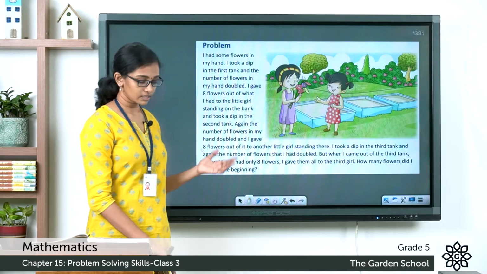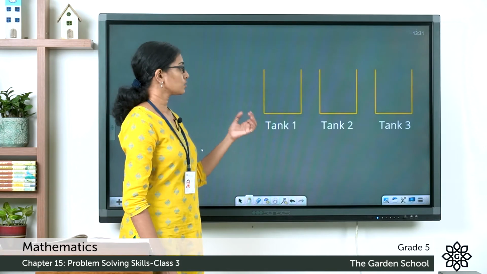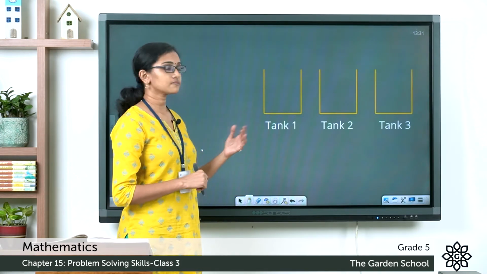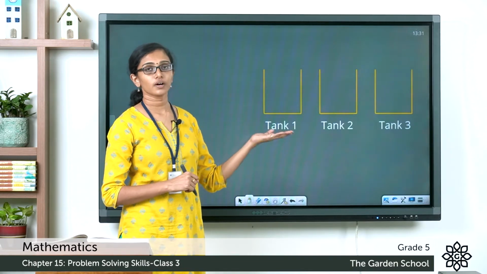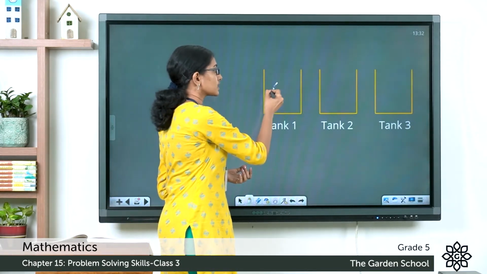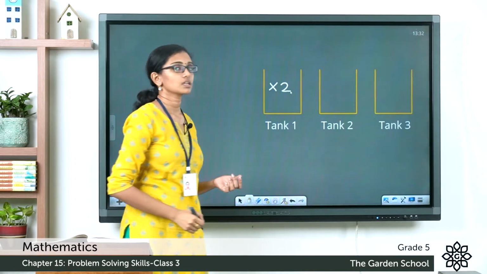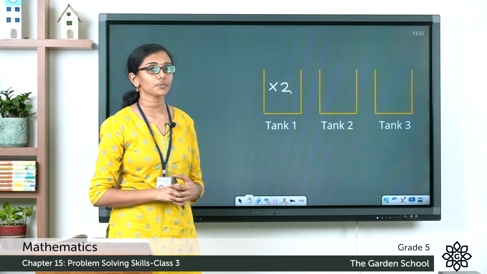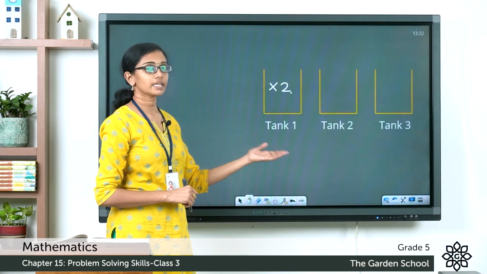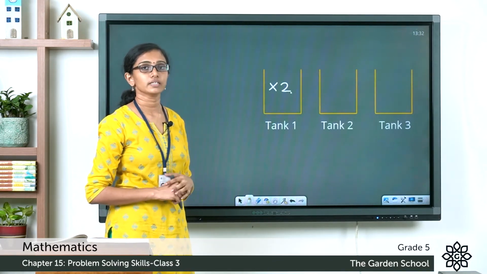So let's have a look at the question once again. There was this girl and she had some flowers in her hand. With these flowers, she took a dip in the first tank. After she took a dip in the first tank, the number of flowers in her hand doubled. And there was another girl standing on the bank, and out of these doubled number of flowers, she gave 8 flowers to that girl.